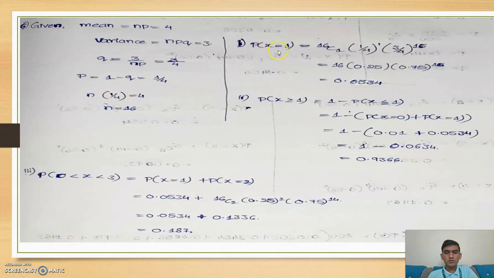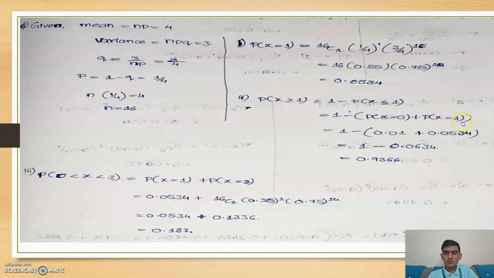Now P of X equal to 1. We substitute the values in the formula nCr p to the power r q to the power n minus r. So it is equal to 16 into 0.25 into 0.75 to the power 15, which is equal to 0.0534. The second part is P of X greater than or equal to 1, which is equal to 1 minus P of X less than 1, that is 1 minus P of X equal to 0.